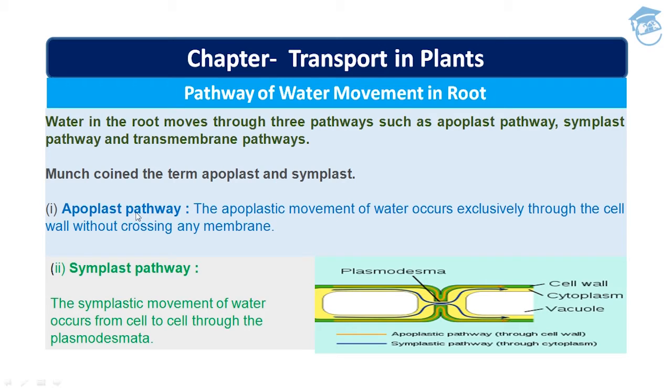The apoplastic pathway is the movement of water that occurs exclusively through the cell wall without crossing any membrane. The symplast pathway is the movement of water that occurs from cell to cell through the plasmodesmata. See, this is the plasmodesmata, which is a connecting link between two plant cells. It is also called plasmodesma, so don't get confused.